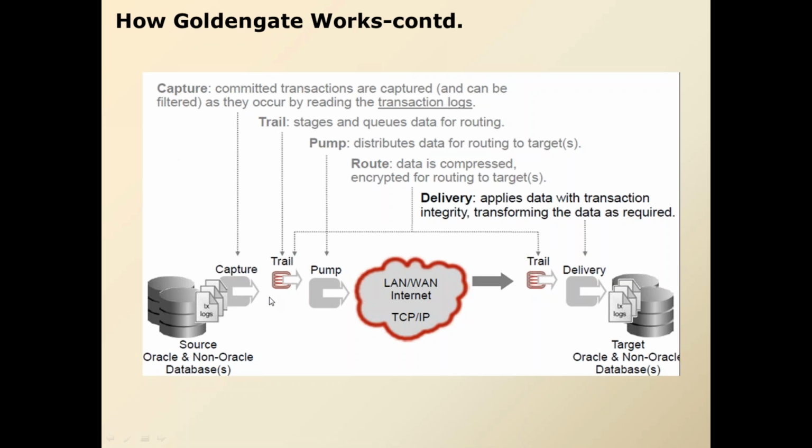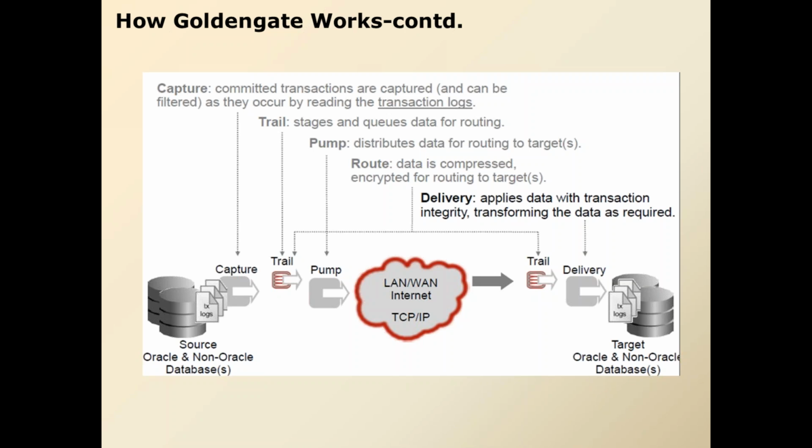As soon as data is available in the local trail, the Oracle Goldengate data pump process reads the data out of the local trail, sends it over the TCP/IP network and writes it to a trail file on the target, which is known as remote trail. Once the data becomes available in the remote trail, the Goldengate delivery process reads the data out of the remote trail and applies it to the target database.